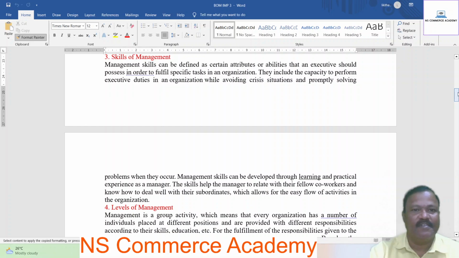Next, we come to the third short answer question, that is skills of management. Management skills can be defined as certain attributes or abilities that an executive should possess in order to fulfill a specific task in an organization. They include the capacity to perform executive duties while avoiding crisis situations and promptly solving problems when they occur.